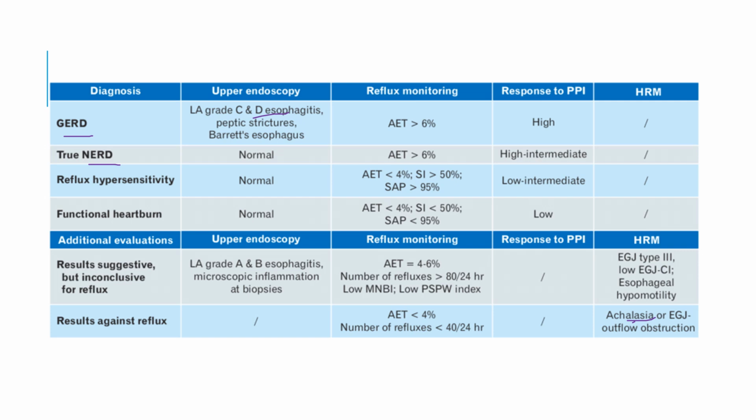Okay, not A and B, C and D only. Or peptic strictures or Barrett esophagus. They can all be seen in GERD with the acid reflux. Okay, in achalasia, what happens is there is, in manometry, a building up of pressure.